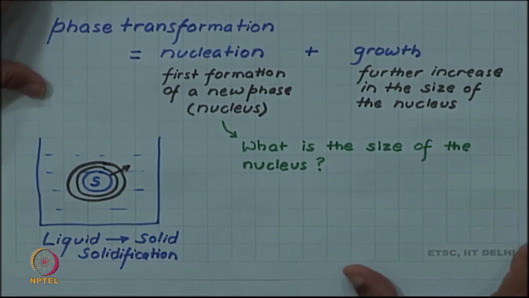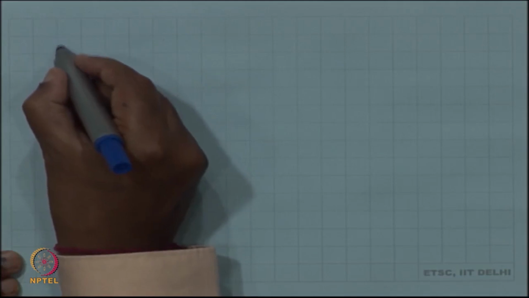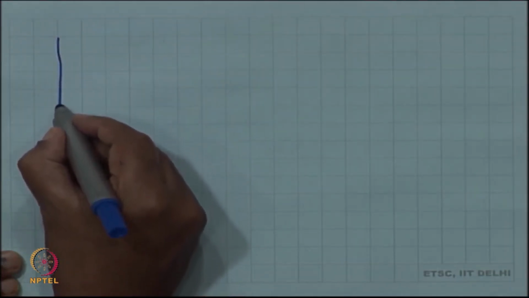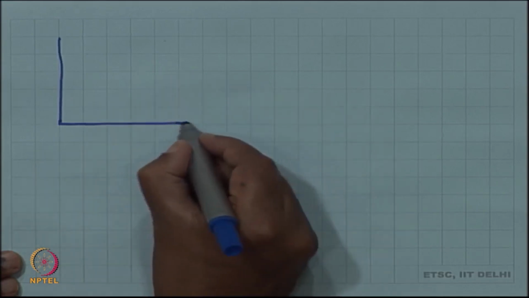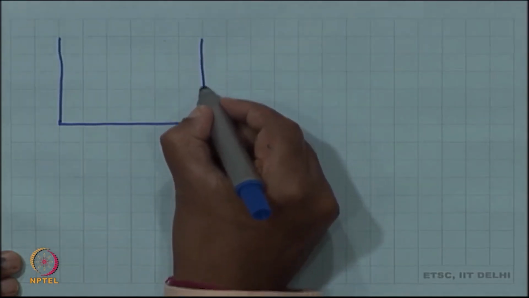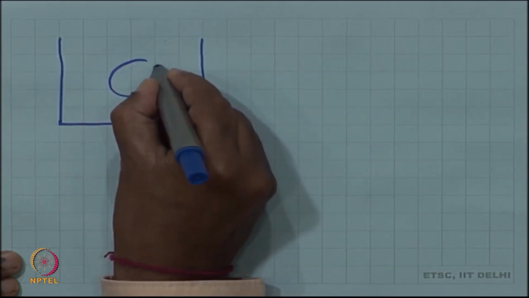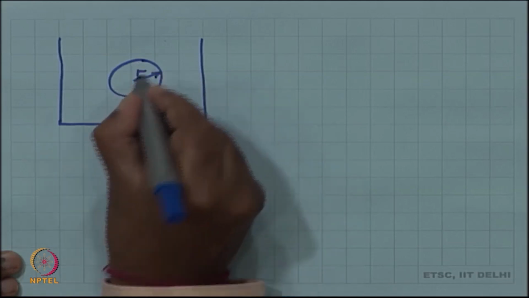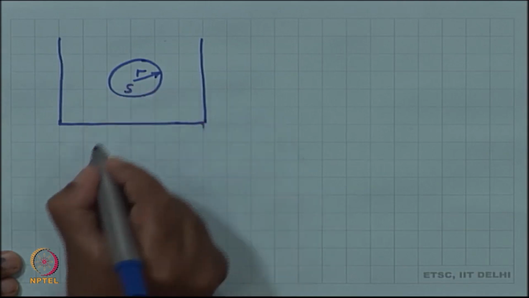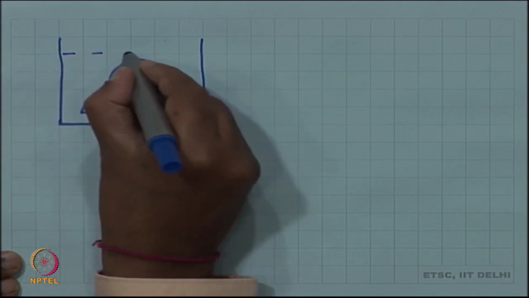So, let us analyze the energetics of the nucleation process, how the energy of the system is changing if, let us say, a solid ball of radius r forms inside an unstable liquid.